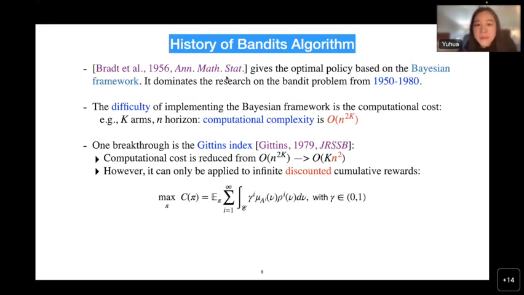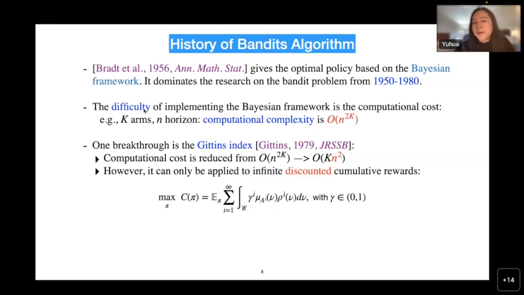And it dominated the research on the bandit problem from 1950 to 1980. This framework is, of course, only based on the Bayesian framework. And here we can also have similar things for the point estimation.